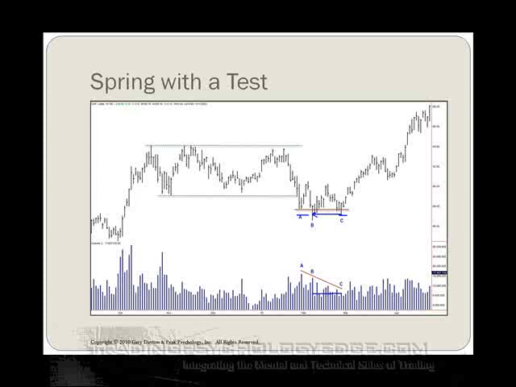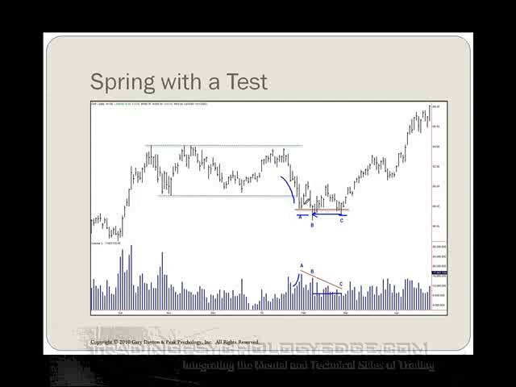I wouldn't consider it that way because of the way it came down. It's pretty high. There's pretty much a lot of supply coming in. You can see that supply is coming into the downside, right? Volume is coming into the downside. Just because it dips down doesn't mean that it's going to be a spring. We don't want to necessarily see that kind of action.